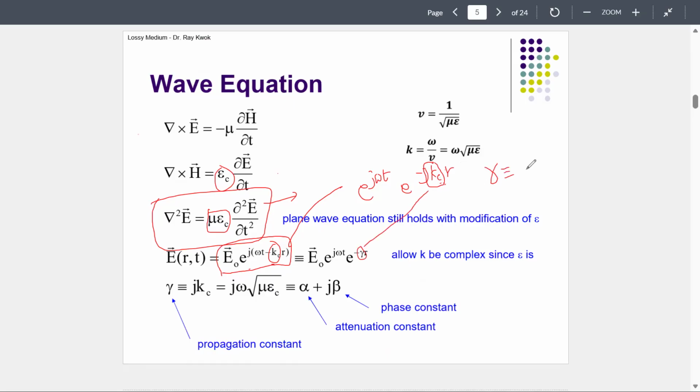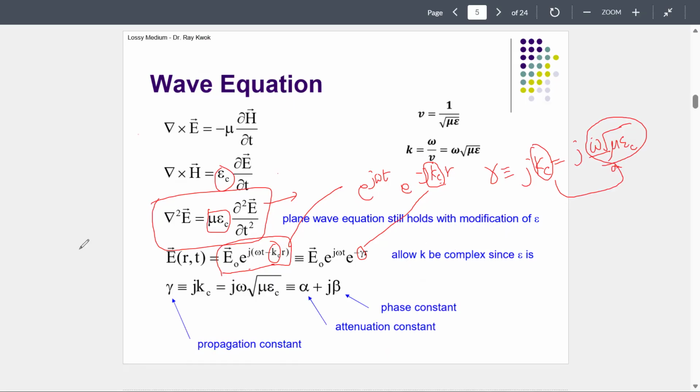So gamma is defined as jKc, where Kc is defined as K equals omega over velocity, so omega root mu epsilon, where epsilon is the complex epsilon c. That's the Kc. You don't have to remember all that. Those are just the definitions we use in between. When we do calculation, we don't have to do that.